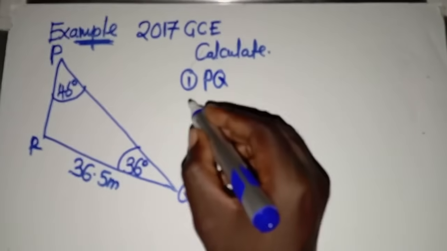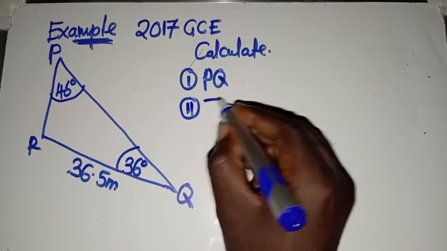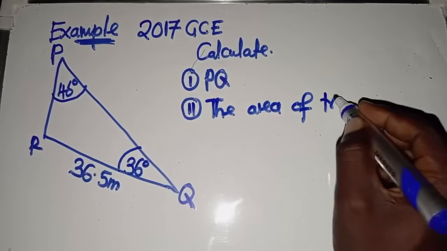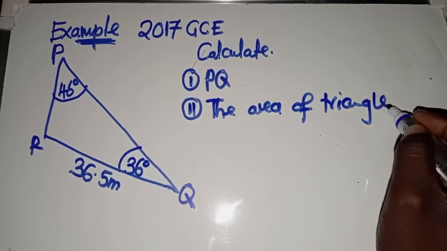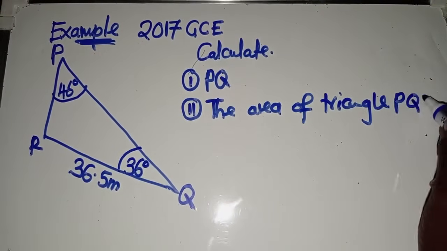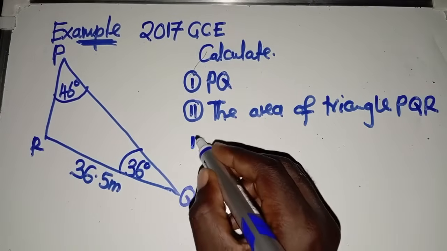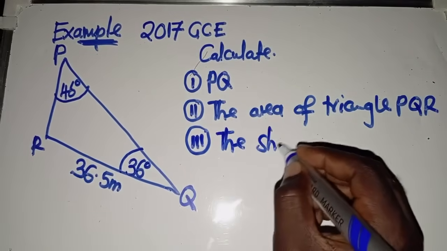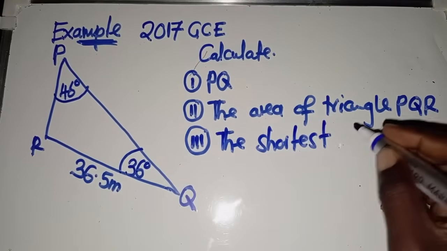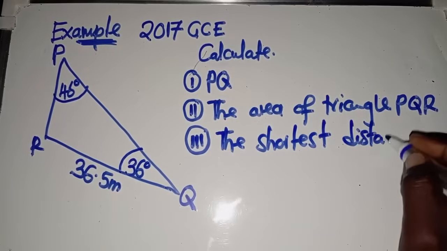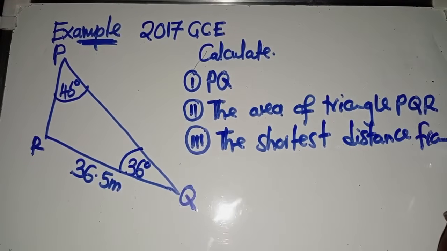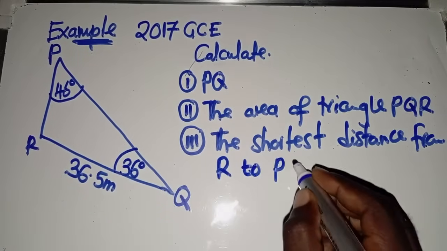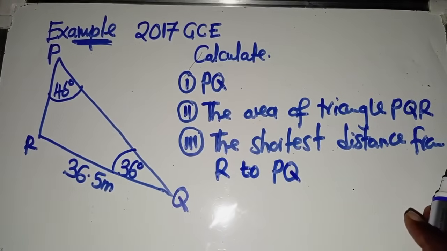Question 2 was saying calculate the area of triangle PQR. Then the last question was telling us to calculate the shortest distance from R to PQ.